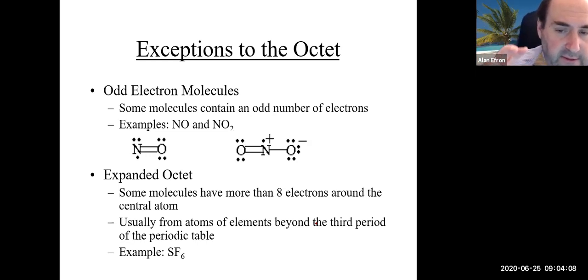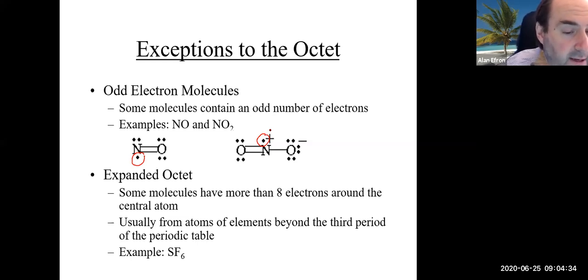We could put all those electrons on in pairs. But there is a situation where you would get an odd number, and because you get an odd number, when you go to draw the Lewis structure, you will end up with an unpaired electron, which is what we see here. In NO and NO2, you do end up with one unpaired electron.